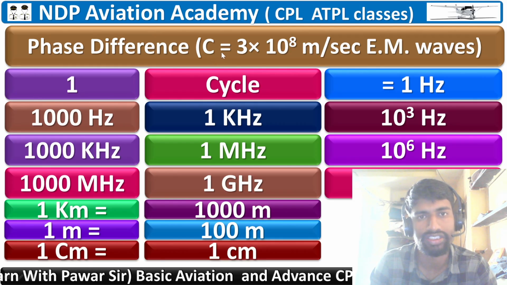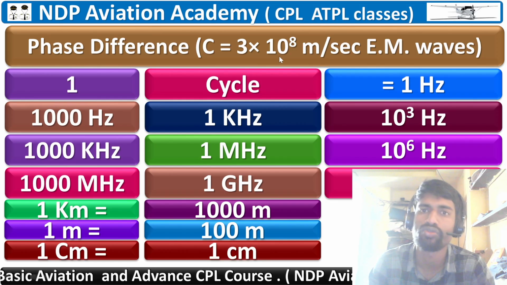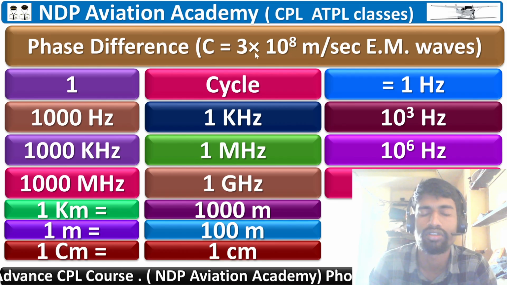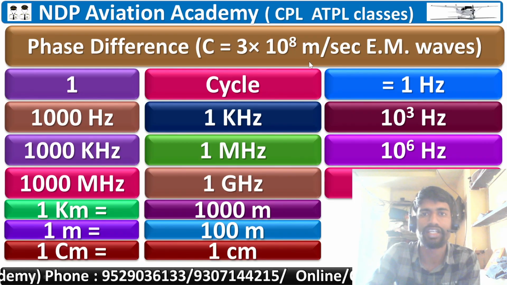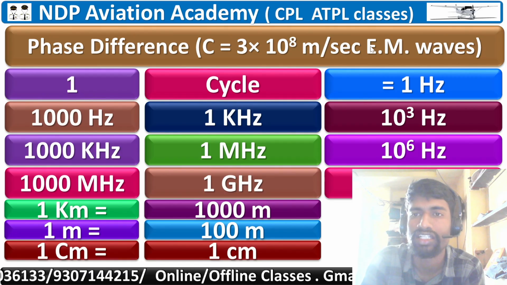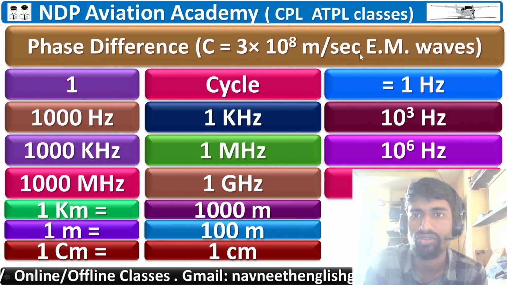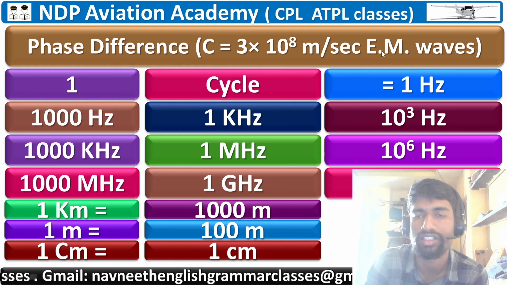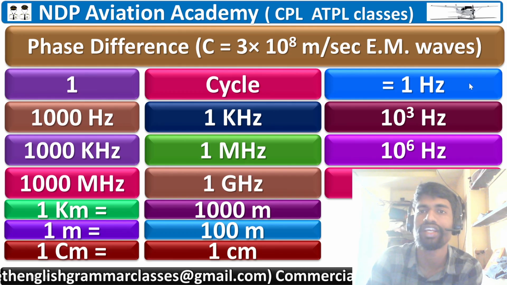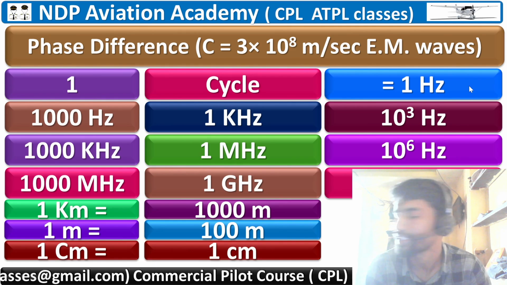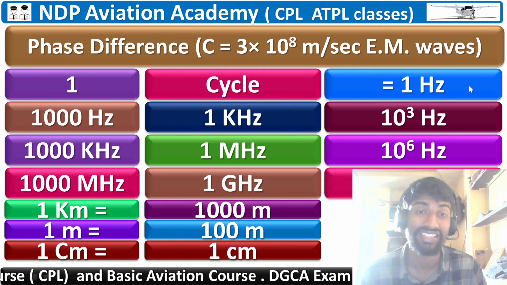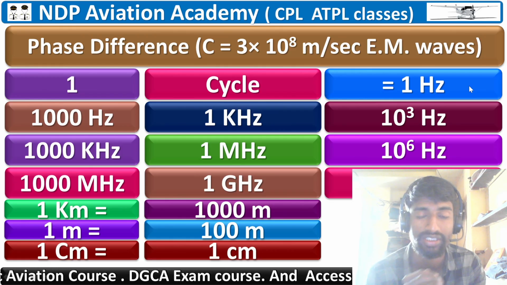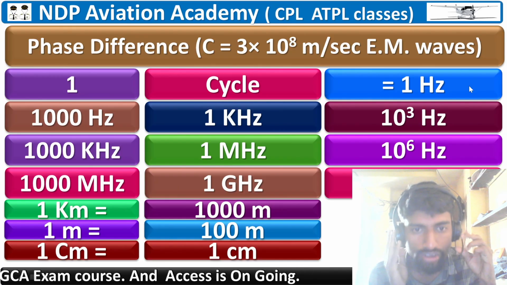C equals 3 into 10 to the power 8 meters per second. This is the speed of light. You can also say electromagnetic wave. So light and electromagnetic waves travel at the same speed. Sorry for the disturbance.